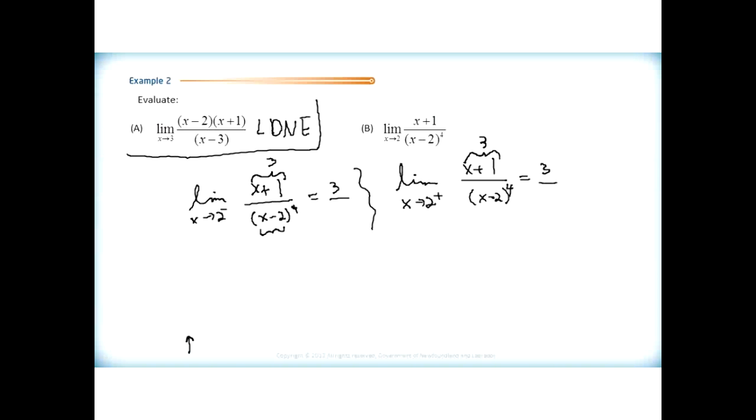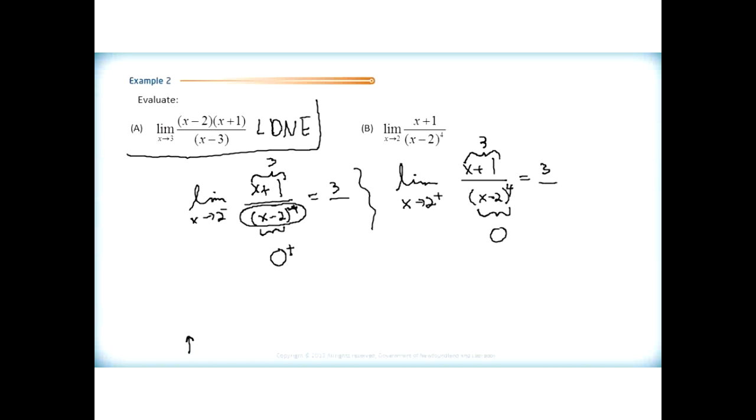And what I'm going to point out here is that you notice that the exponent we have is 4. So it doesn't matter whether the stuff inside those brackets down here is going to approach 0 from the left or the right. If I raise it to an even-powered exponent, I'm always going to get a positive number. So overall, all of this stuff in my denominator down here is going to approach 0, but because of my even-powered exponent, we're going to approach 0 from the right, and it doesn't matter what goes inside there.